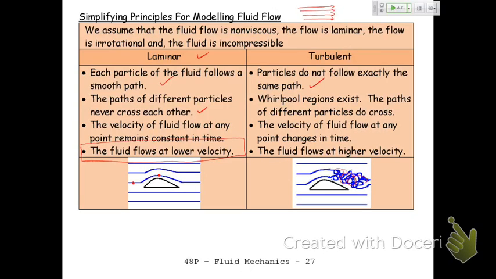Whirlpool regions exist. The paths of different particles do cross. I might be 5 people away from you at the beginning, and we may end up on opposite sides to each other. And then the velocity of the fluid flow at any point changes in time. I can pick a point, and it's fast and slow, and slow and slow, and fast and slow and slow. Like a gusty, blustery wind is like that. And you get that by having higher fluid flow.